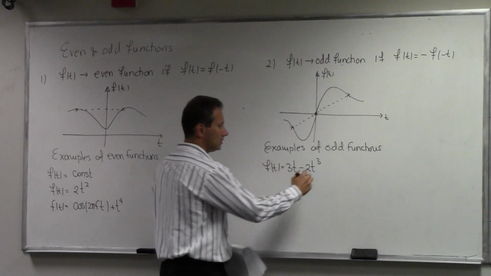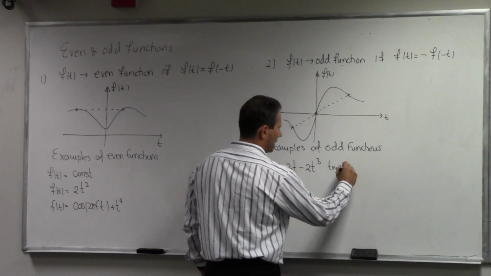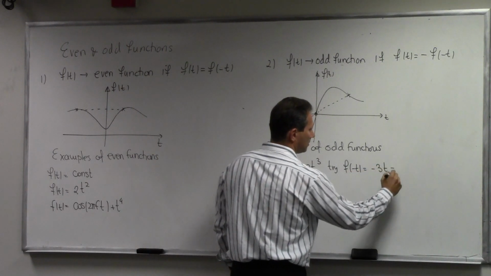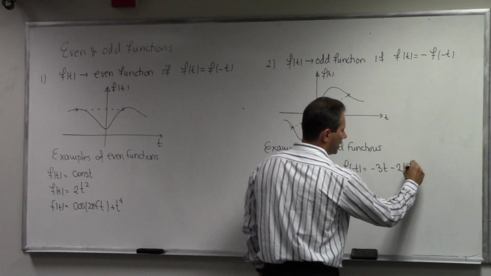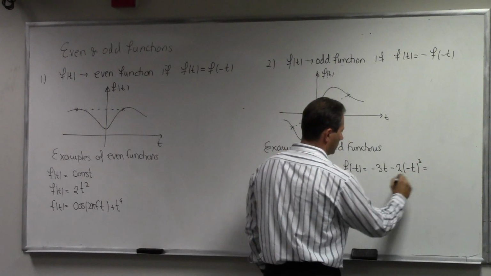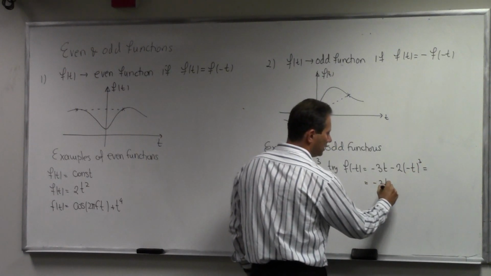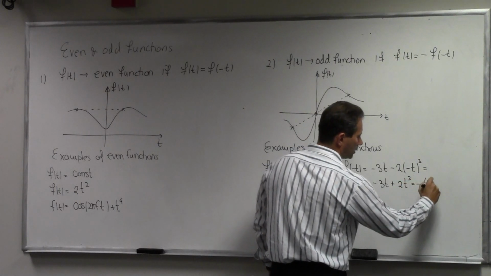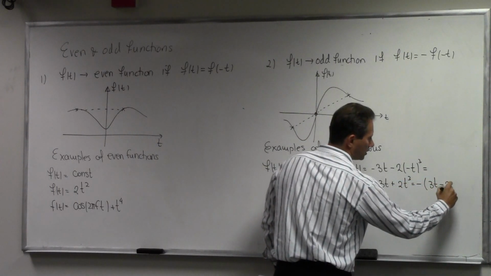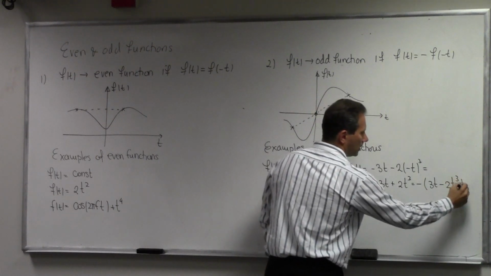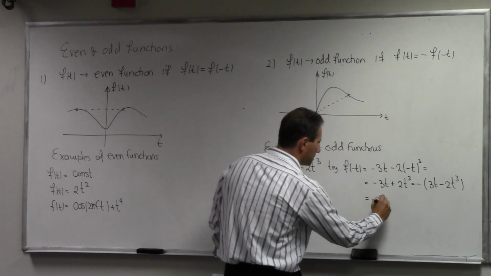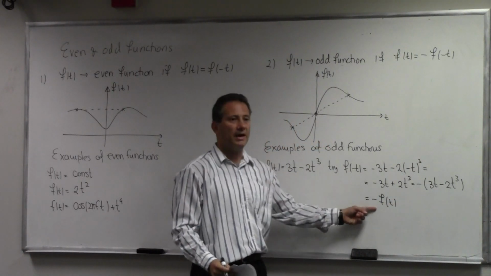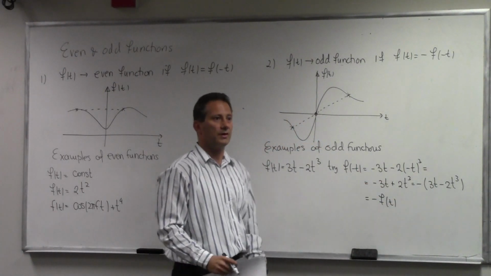Substitute, let's say, f of minus t, in this case, becomes minus 3t minus 2 times minus t cubed. And you can see that this is minus 3t plus 2t cubed, or minus (3t minus 2t cubed), which is equal to minus f of t. So f of minus t is minus f of t. This is an odd function.